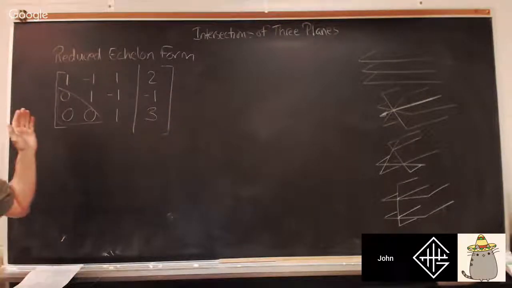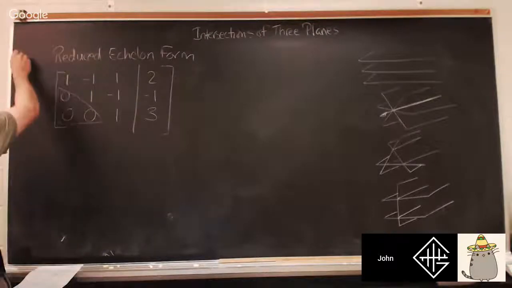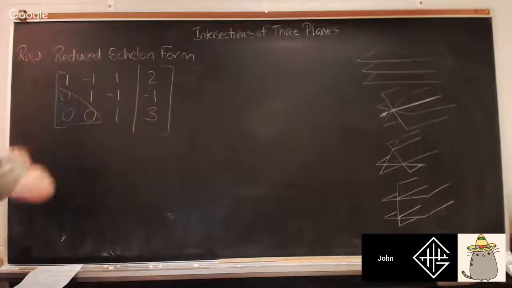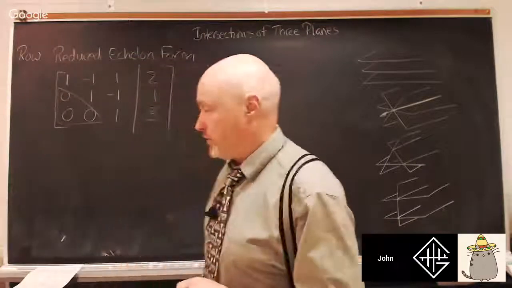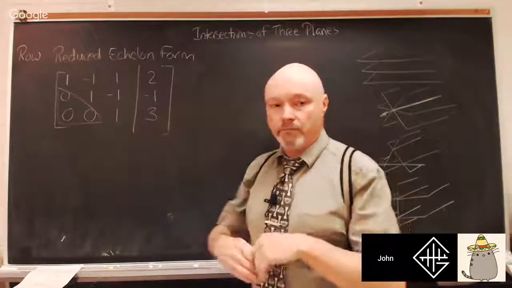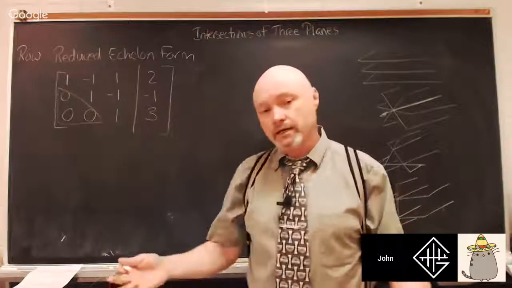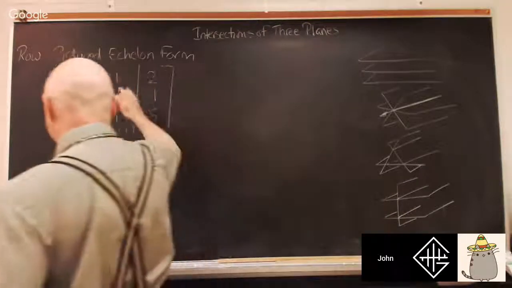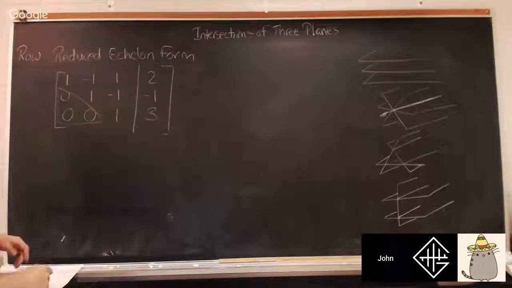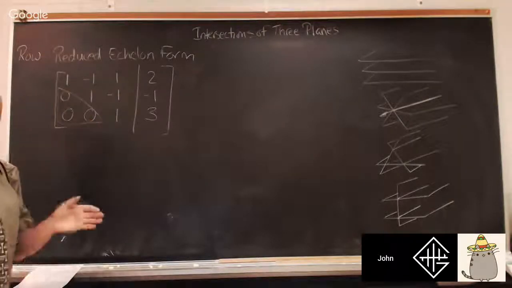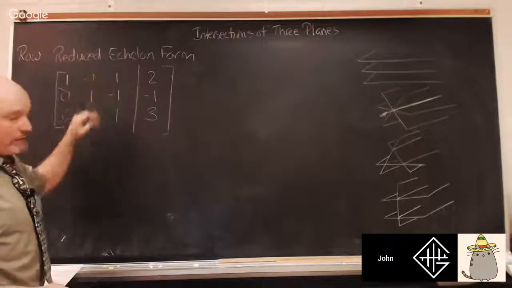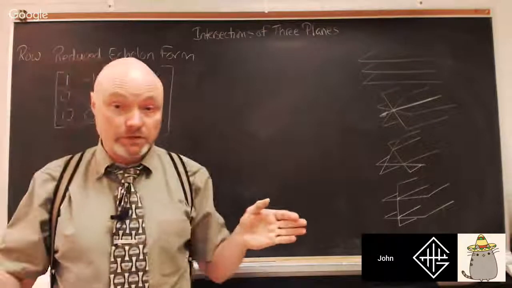Anyways, there's this thing called row-reduced echelon form that we'll go over. And so row-reduced echelon form, you're just using the matrix. And rather than doing back substitution, which personally I kind of maybe like, you actually reduce this matrix further by going back up and reducing, eliminating the coefficient of a variable from each row.